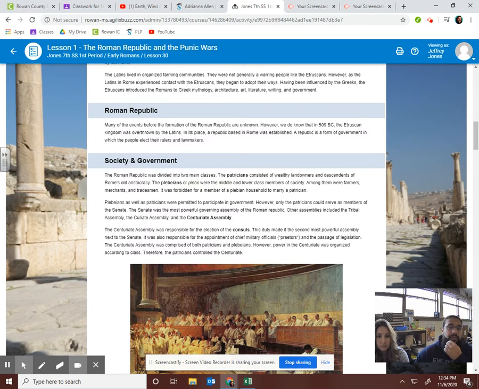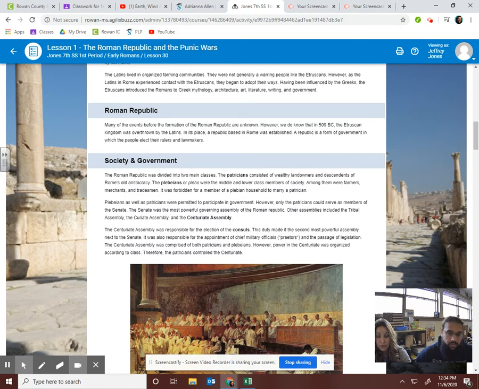So the Centuriate Assembly was comprised of both patricians and plebeians. However, power in the Centuriate was organized according to your class. So therefore, the patricians controlled the Centuriate. So it kind of gave the illusion that everybody had a fair voice, but in the beginning, it really didn't.